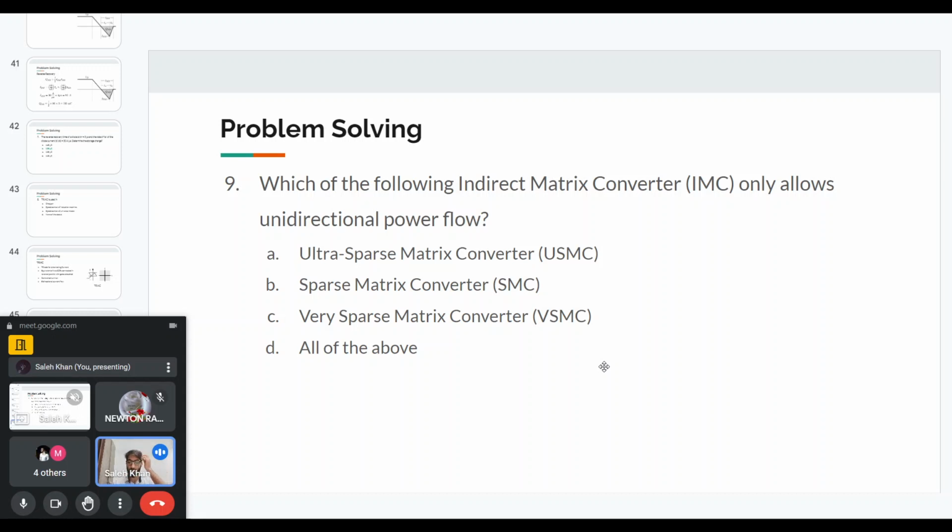Which of these allows for only unidirectional power flow? Okay, so let's see the circuits.